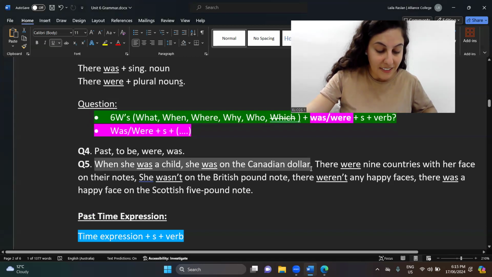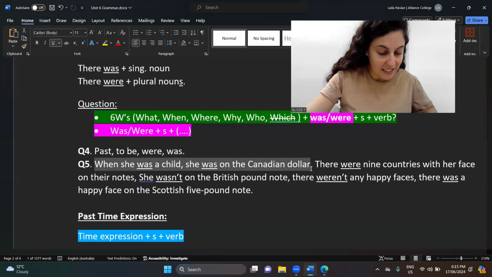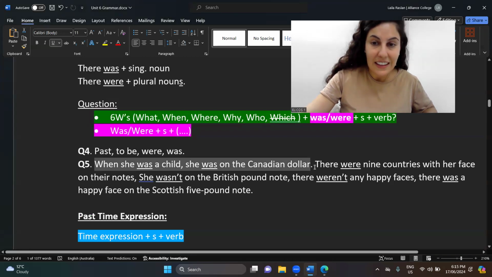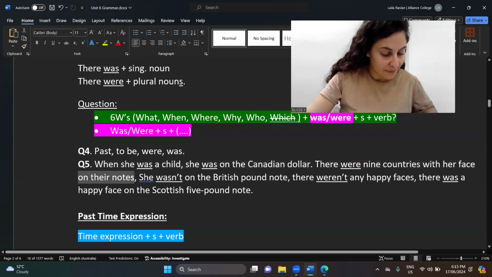That was in 1936. By 1953, there were, because the plural, there were 9 countries with her face on their notes.